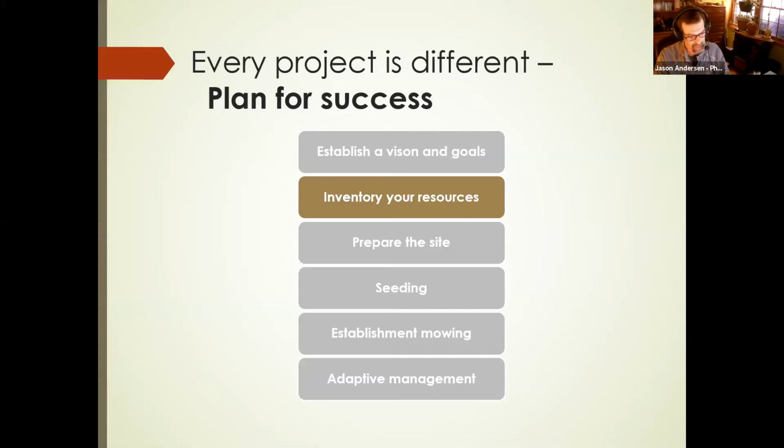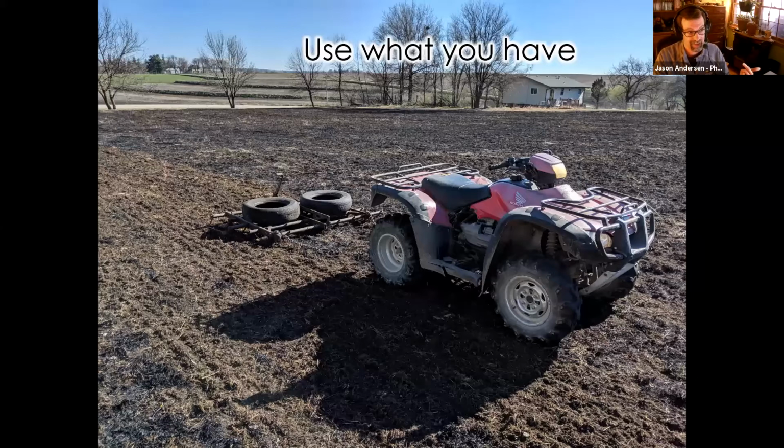The next thing is inventory your resources. What do you have to work with? And the answer is use what you have. And it's not just equipment, the tools at your disposal, but it is your budget. How much area are you talking about? How much time do you have to work on it? Or are you going to hire someone out to do it or whatever? This is a picture from my mom's place.